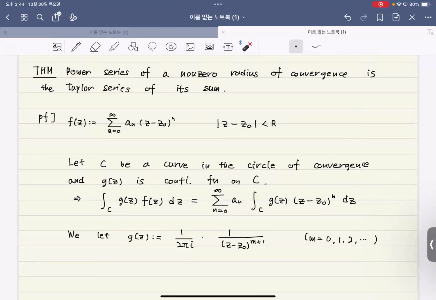Is it continuous on this circle? Yeah. This is obviously continuous on this circle of convergence.